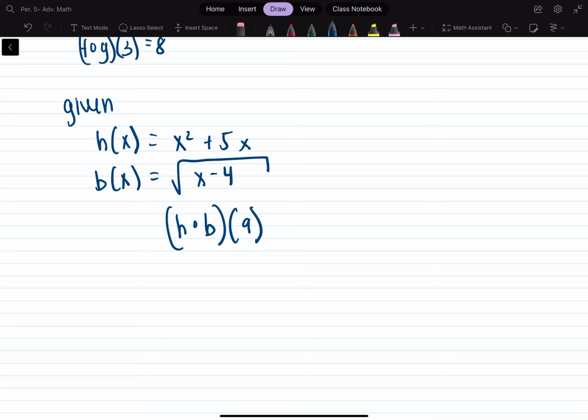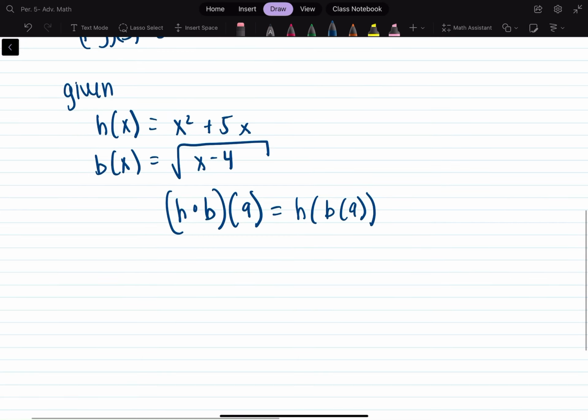Okay, so again, by definition, this is h of b of 9. So what we first need to find is b of 9. b of 9, that is us using this function right here. So that would be the square root of 9 minus 4.